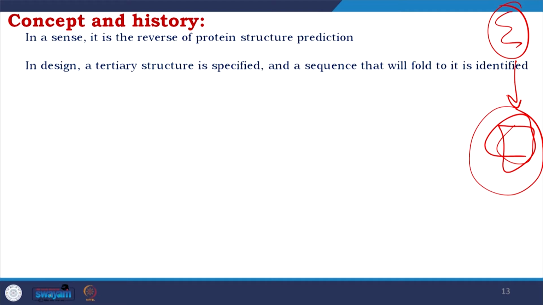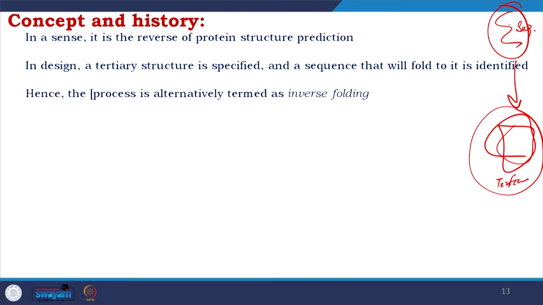In designing, a tertiary structure is specified first and a sequence that will fold to it is identified. So, we have the tertiary structure and we find a sequence, the primary sequence, which will give rise to it. Hence, the process is alternatively termed as reverse or inverse folding.